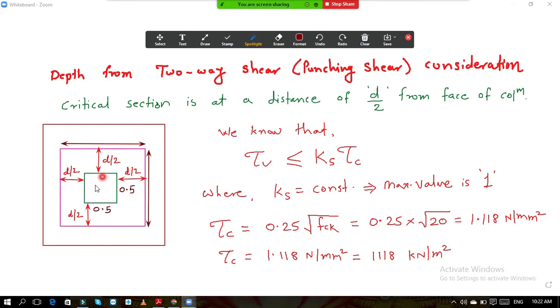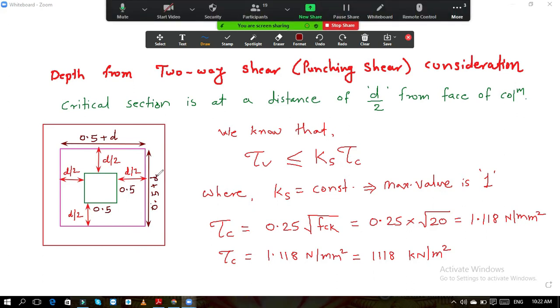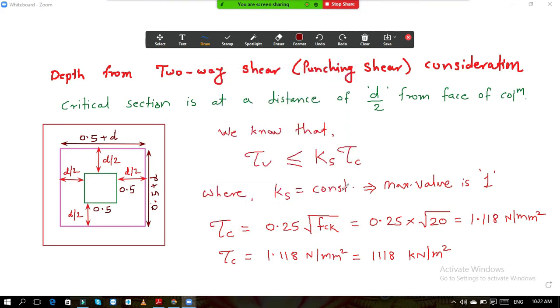So this total length is 0.5 plus d by 2 plus d by 2. So it will be 0.5 plus d. So I will write here 0.5 plus d. Okay. Similarly, on this side it is also 0.5 plus d. Okay. So this is the dimension.